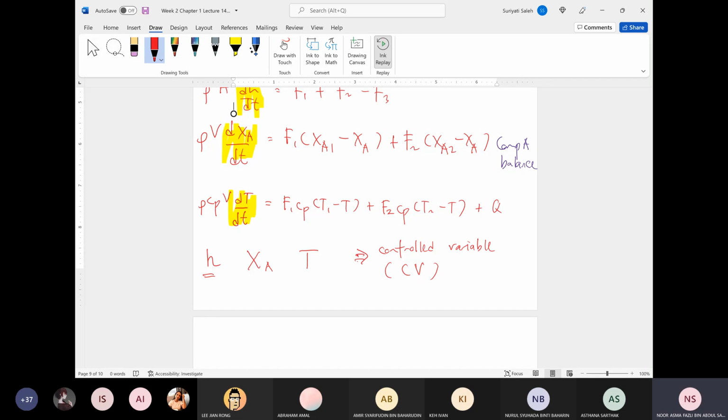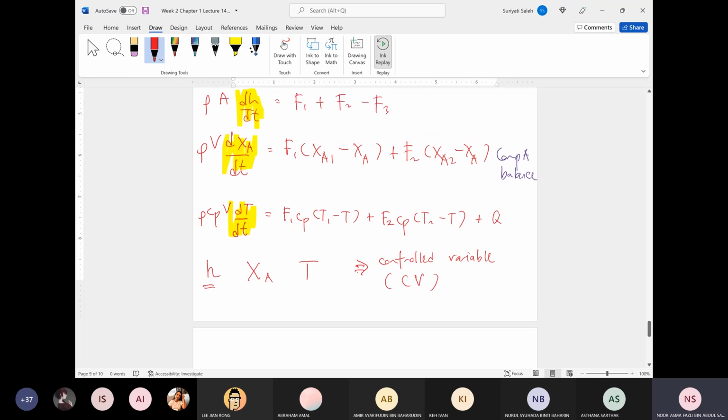If your heat is too low, maybe you achieve around 50 degrees C. So you will not get the uniform composition accurately. You will take a longer time to make sure you get the uniform composition. So that is the reason why in this case the temperature needs to be controlled.